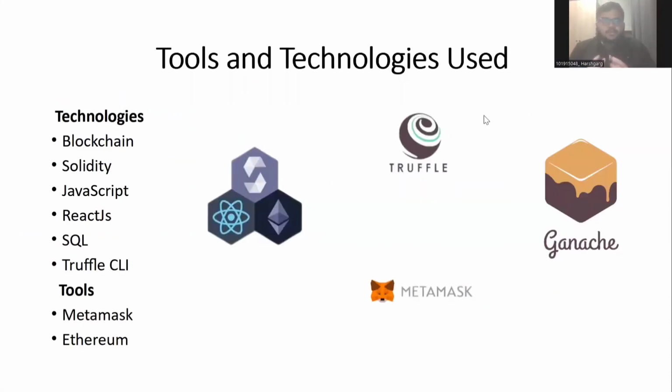Now I will explain the tools and technology used in our project. In our front end, we have used React.js and JavaScript styling libraries, which will make our user interface dynamic and beautiful. For the backend, we have used the Solidity platform, which works on smart contracts as its programming language, which is based on object-oriented programming.